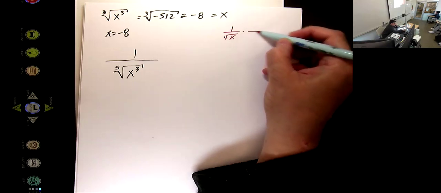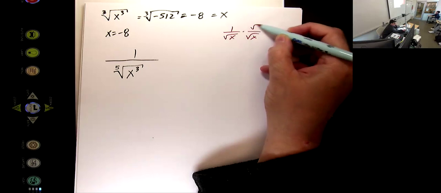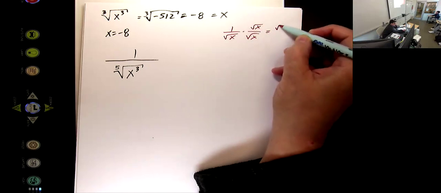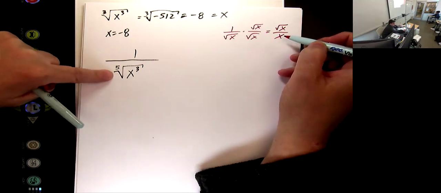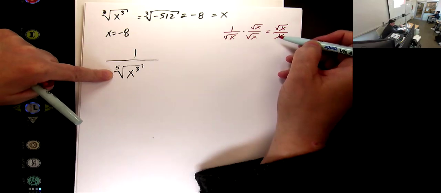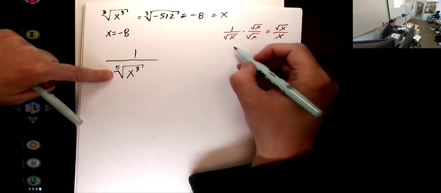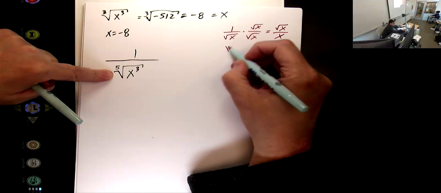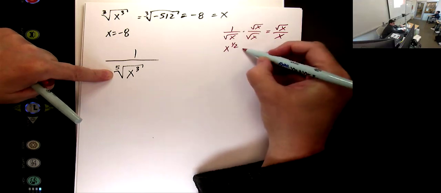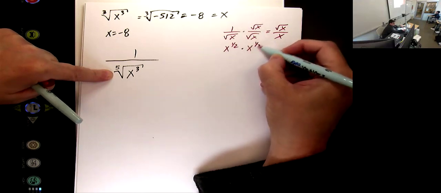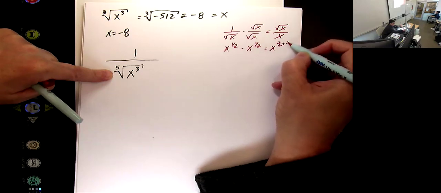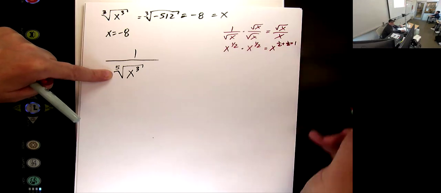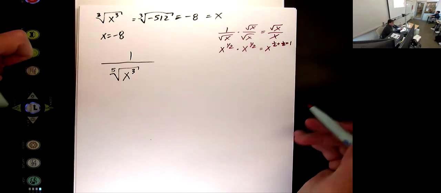If I multiply that by square root of x over square root of x, I get square root of x over x. But if I do that here, multiplying by the bottom, I don't get x. The key here is recognizing this was x to the 1/2. So we chose to multiply by something that when I added the exponents, I got a 1. Does that make sense?